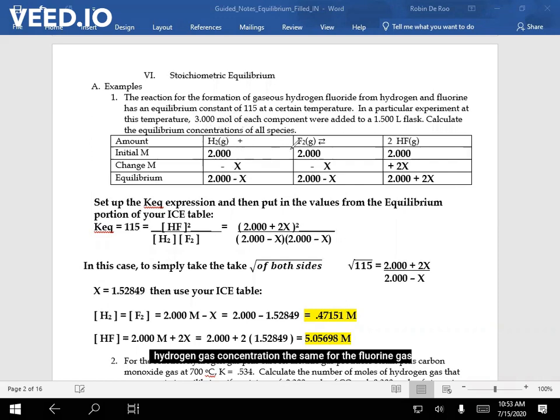The same for the fluorine gas. Once you get x, you subtract it from 2, and you get the fluorine gas concentration. Then you just follow your directions. You have to add 2x to 2 to get your hydrogen fluoride gas. Okay, that's good for now.